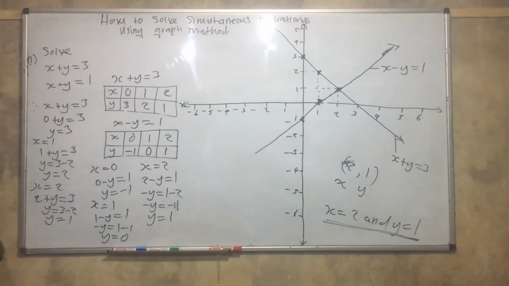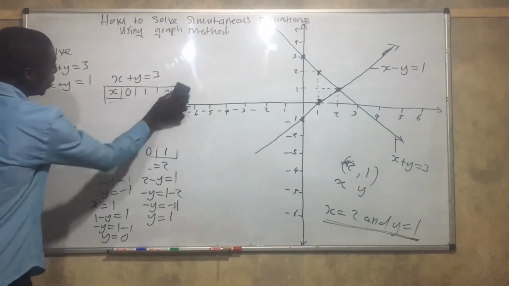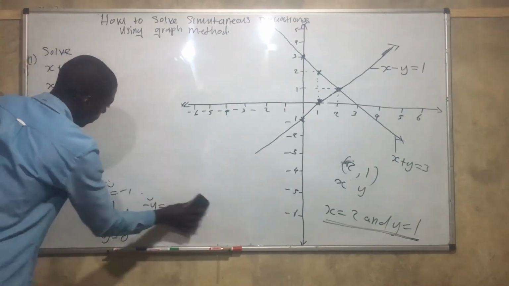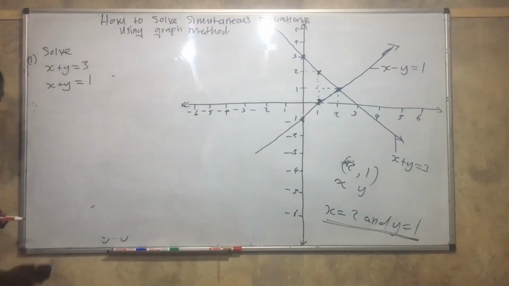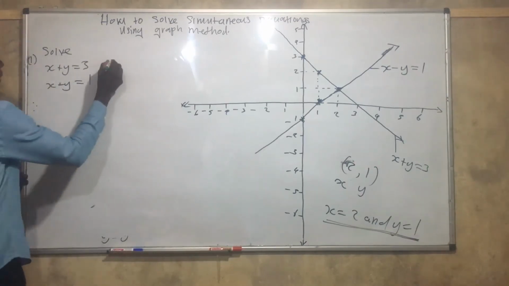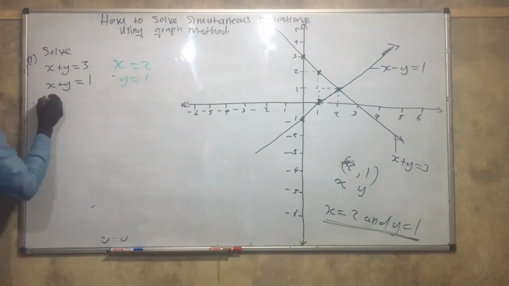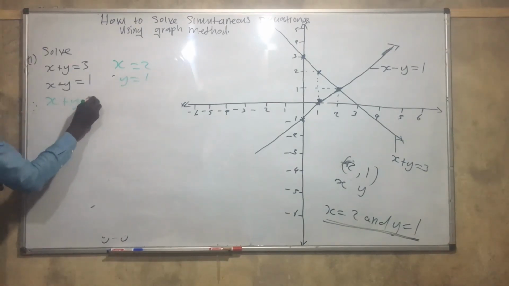So these are the two answers for the two equations. We can try to substitute to prove or to show if these are the values. We are going to get these two equations, with x equal to 2 and y equal to 1. So x plus y is equal to 3.